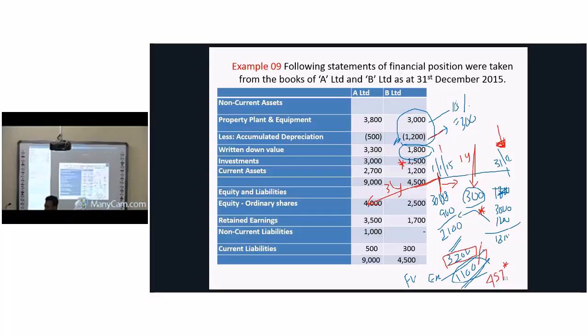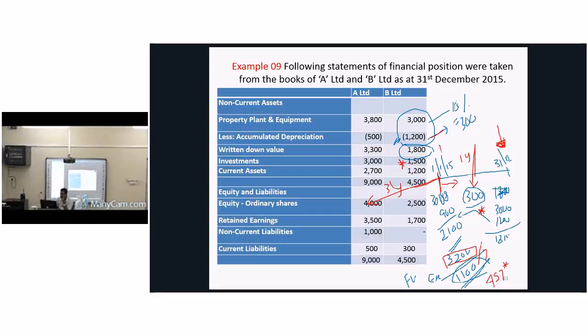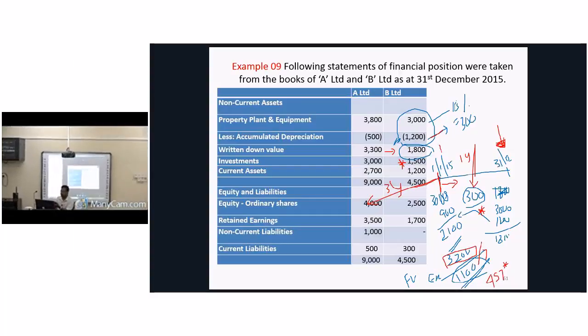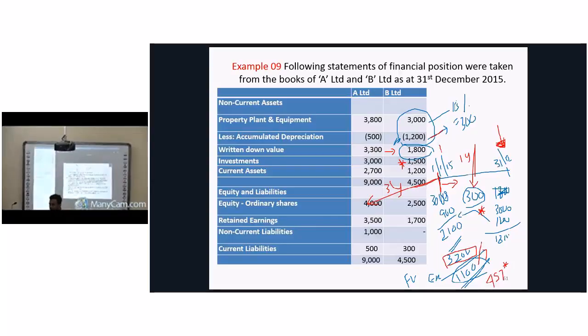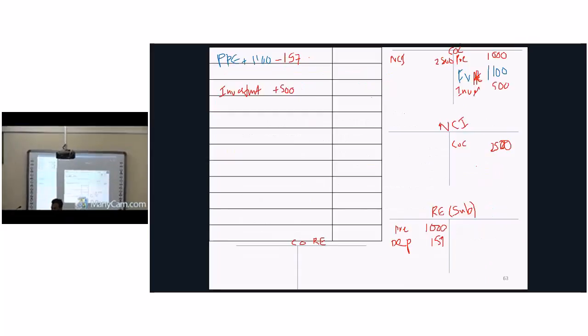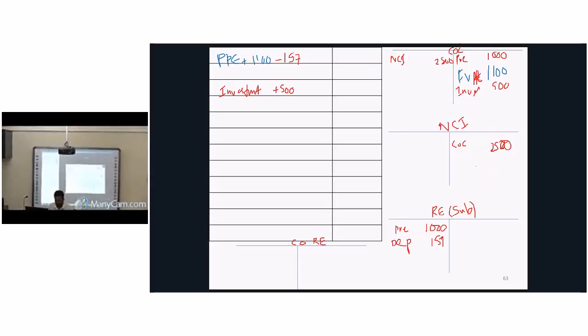Right. So now I can finalize this work line by line. Now I can take this written down value: 3300 plus 1800, there are two adjustments for property, plant and equipment, plus 1100 minus 157, here it should be 6043.